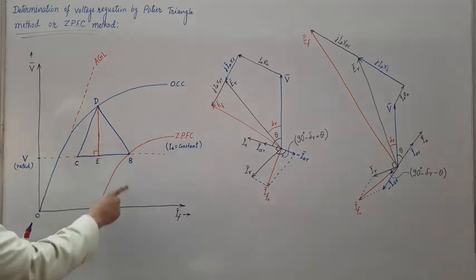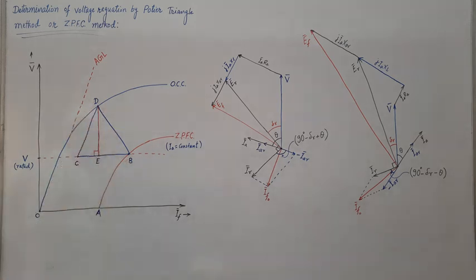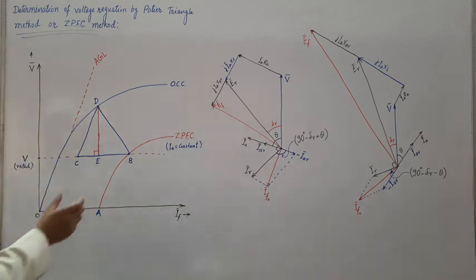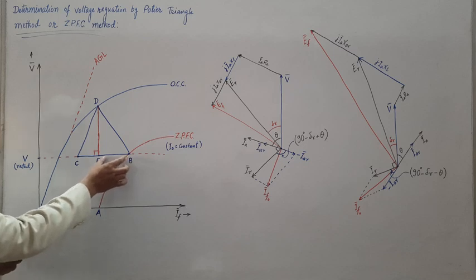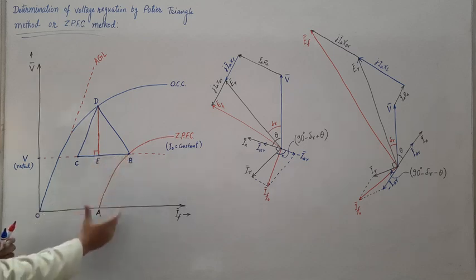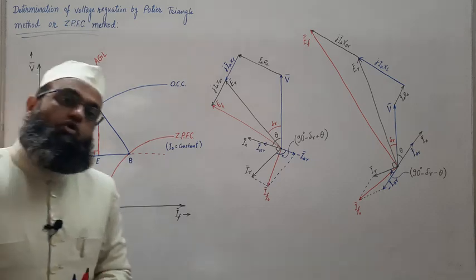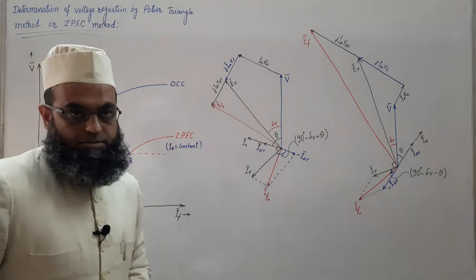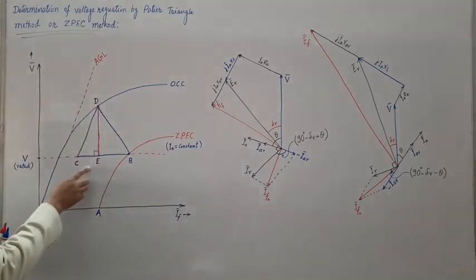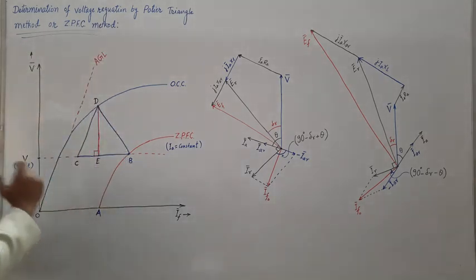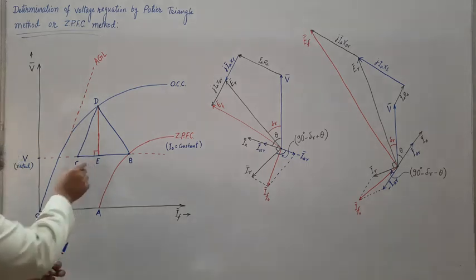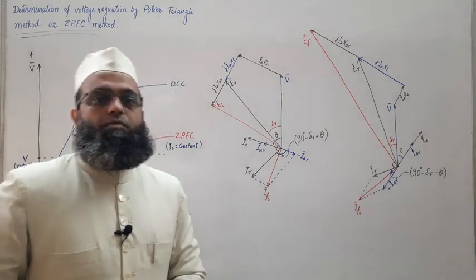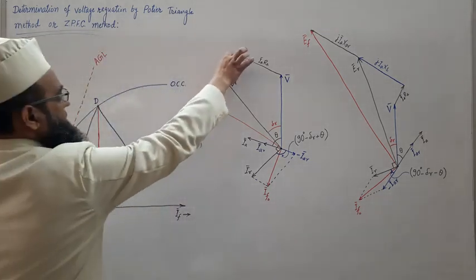This triangle BDE is our Potier triangle, in which this side BE represents the field current required to overcome the armature reaction drop, and this CE gives the field current required to overcome the leakage reactance drop, IAXL.